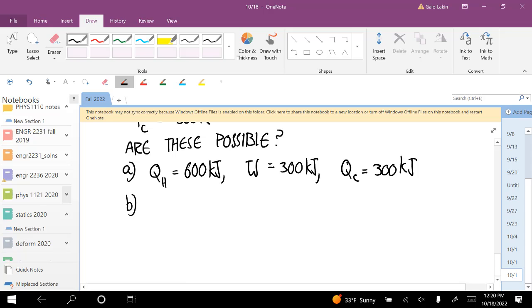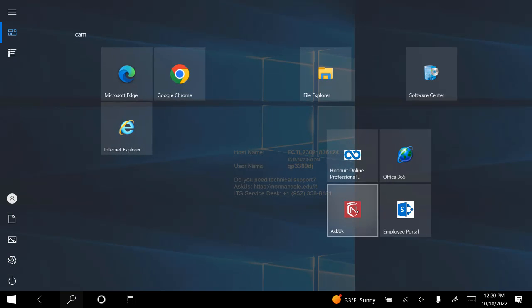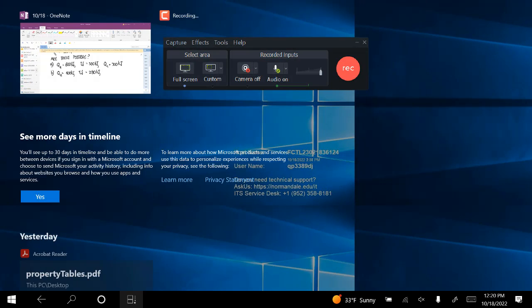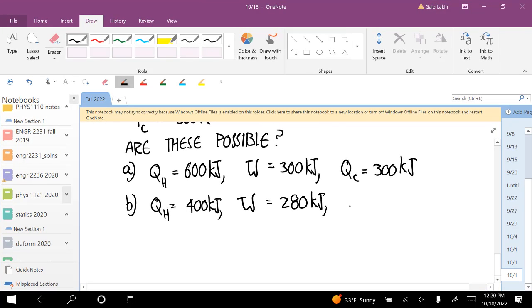The second one, QH is 400 kilojoules, the work is 280, and QC is 120.